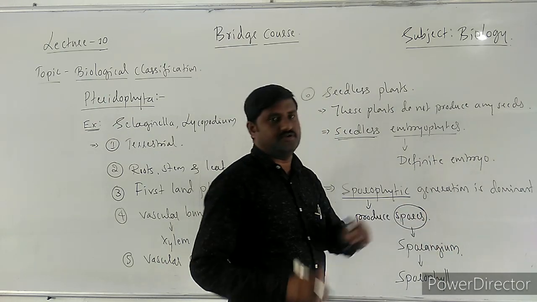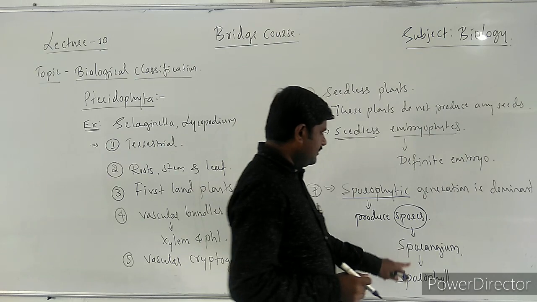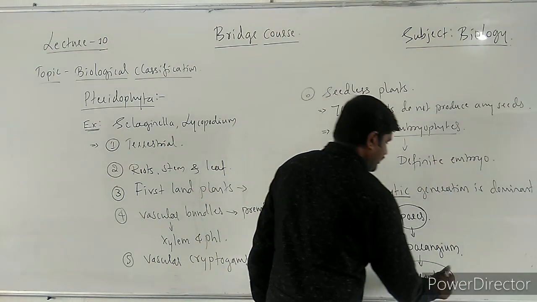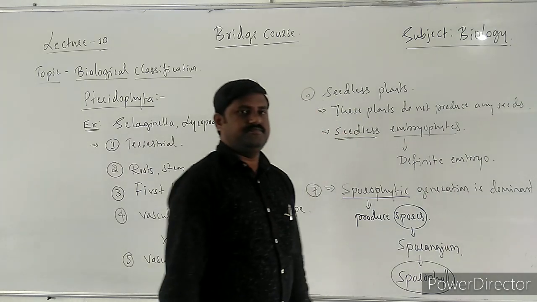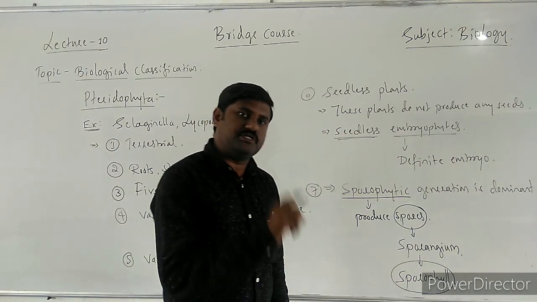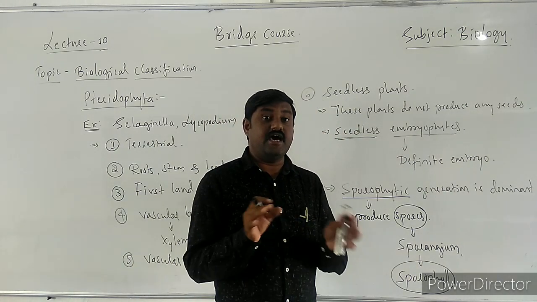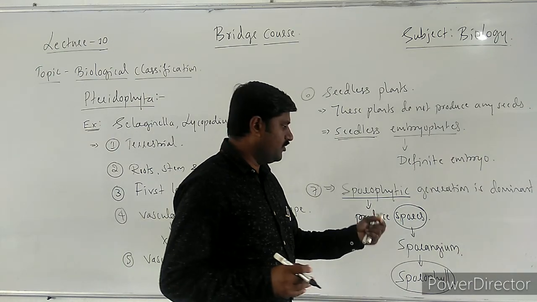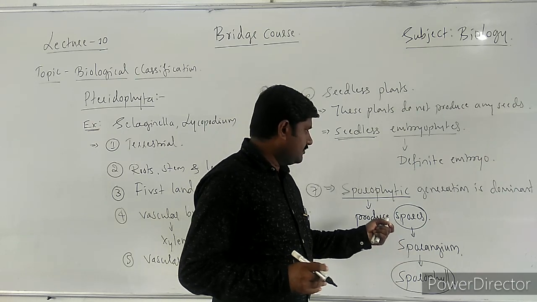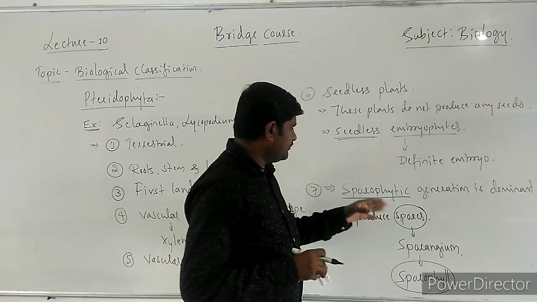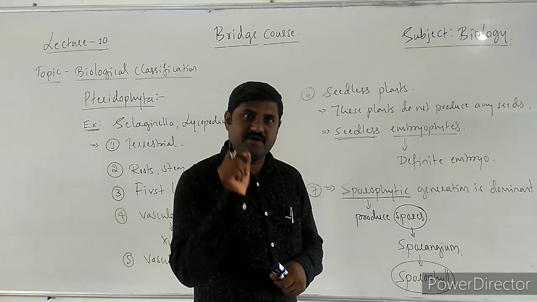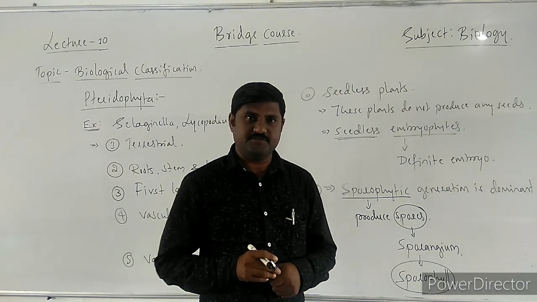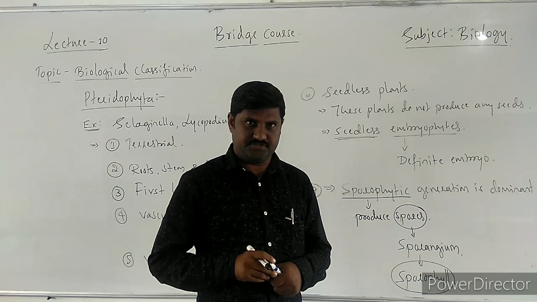Sporangium contains spores, right? These sporophylls usually produce two types of spores, hence they are named heterospores. Two types of spores are born on the sporophytes: one type is microspores, and the second type is macrospores.